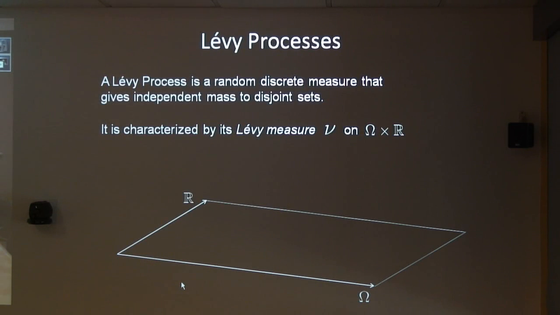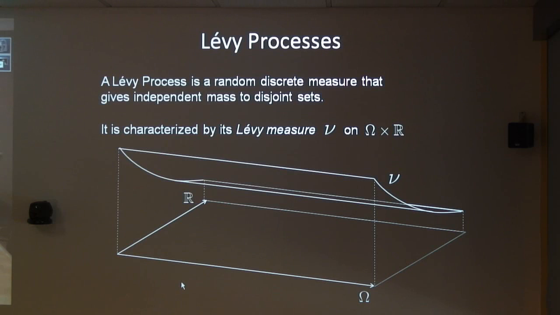There's something that is associated with the Levy process by theorem. It's called the Levy measure. You can imagine something like this. It's a measure over the space omega, on which you want to define your random measure, plus an extra dimension. And this extra dimension is going to be the dimension in which the weights of the points will be drawn.